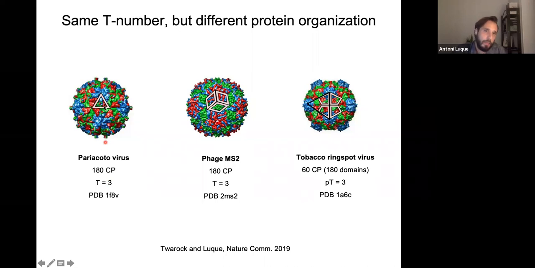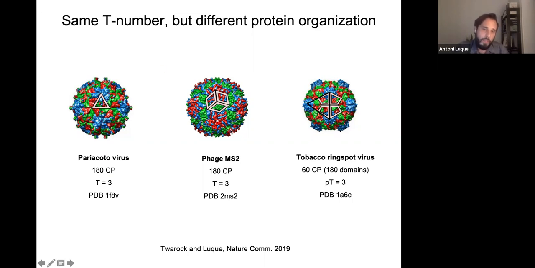But when you look closely, the proteins are organized in a triangle, 3 proteins in this case, instead of the hexagons and pentagons, or hexamers and pentamers, of Caspar and Klug. However, this structure can be interpreted as the dual lattice of the hexagonal lattice. So in a certain way, it follows the classic Caspar and Klug. We will discuss a little bit more about the duals in a second.